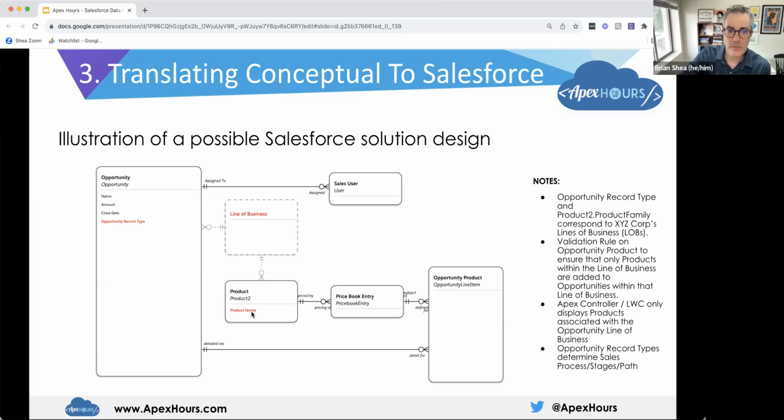And we could capture our 4 lines of business in the product family picklist, okay? So what we've done here is we've taken this concept of line of business and we've captured it on the opportunity in the record type, and we've captured it on the product in a standard field. Okay, so relatively small enhancements to the Salesforce data model.